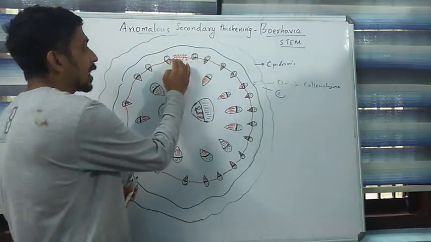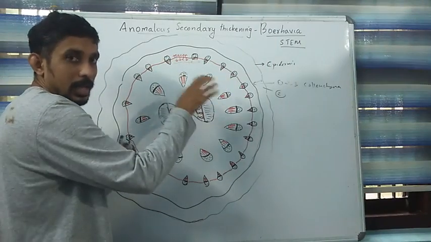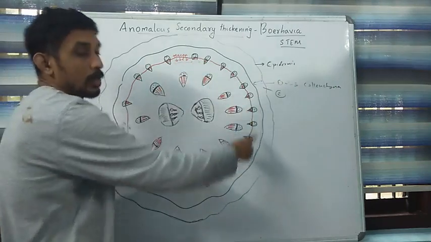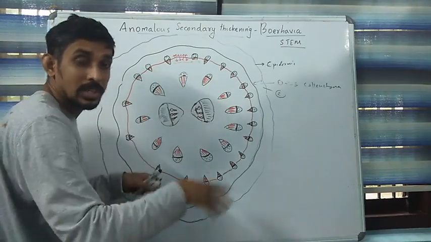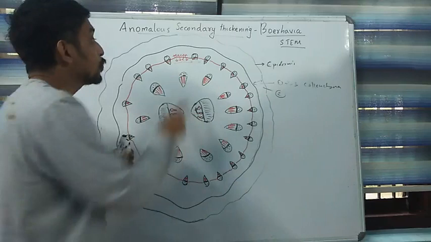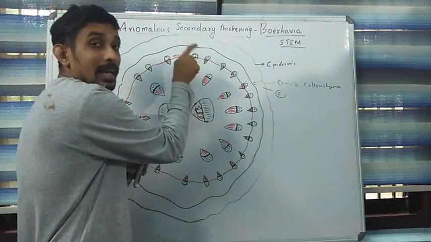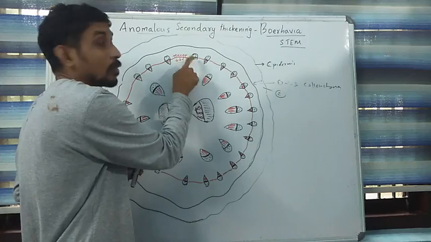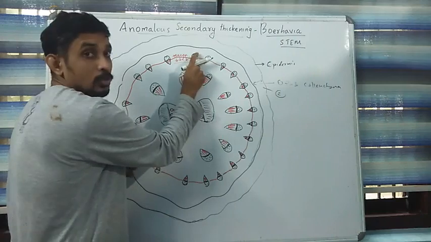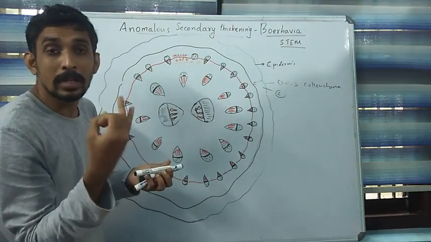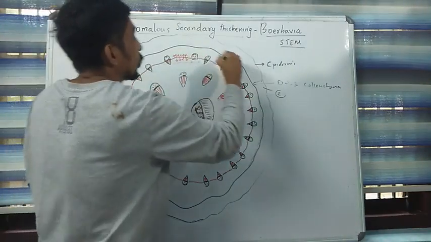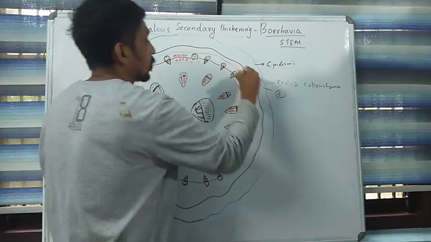So finally, this cambial ring gradually diminishes, and a new cambial tissue emerges instead, because this cambial ring loses its division capacity. Instead of this cambial ring, the stem produces a new cambial ring from the newly produced phloem parenchyma cells, because the fascicular cambium produces phloem tissue towards outside. That phloem tissue contains sieve tubes, companion cells and phloem parenchyma. That phloem parenchyma produces a new cambial ring over here.